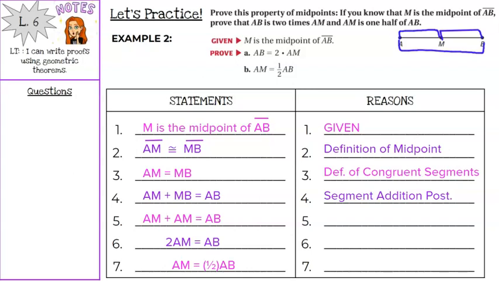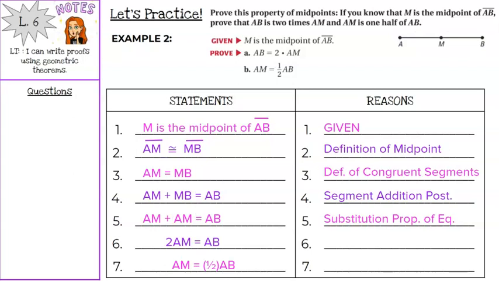Then if we look from statement 4 to 5, we're changing MB to AM. Well, why can we change MB to AM? Because they're equal. They're the same thing. So that is our substitution property of equality. We can substitute one equal thing for the other.